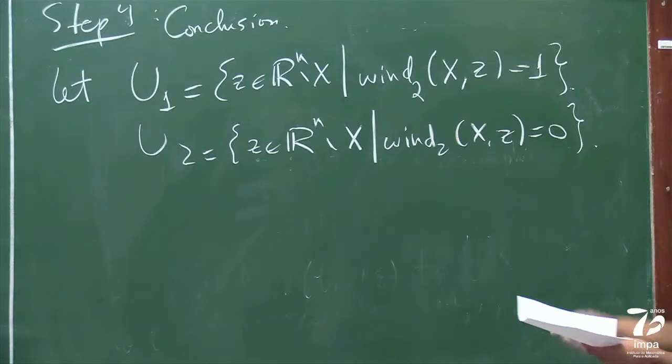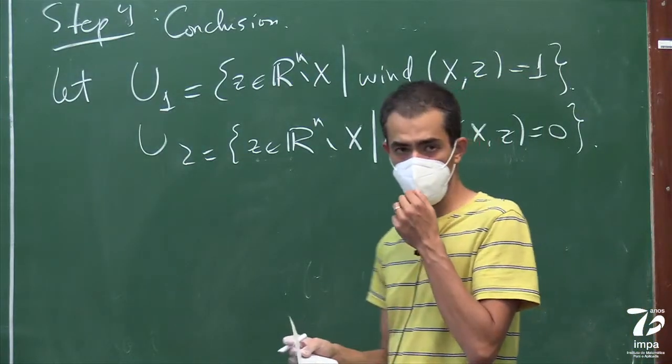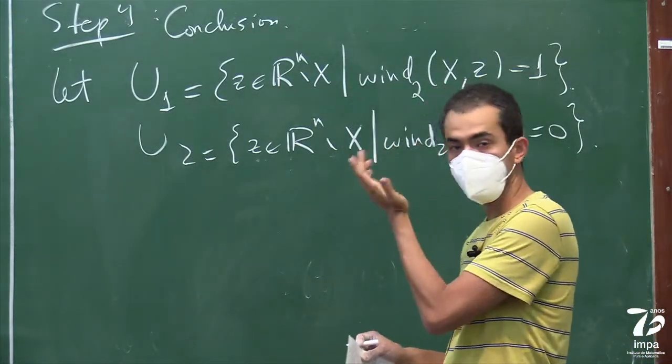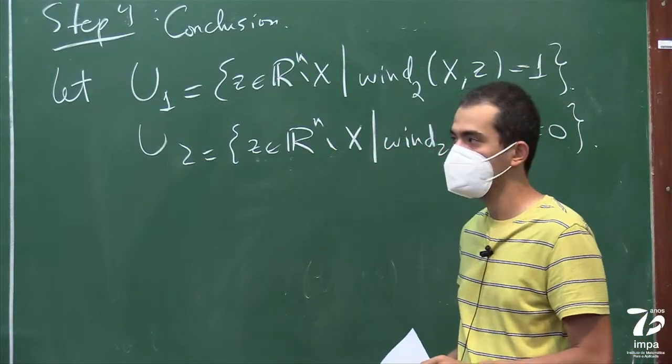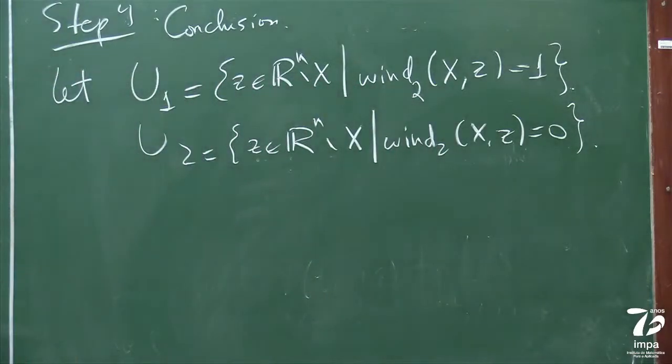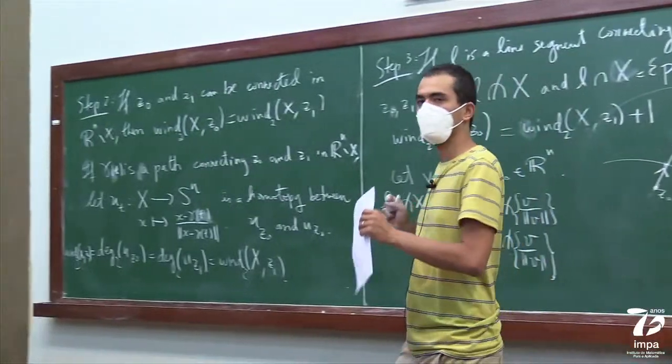And then, these two sets have to be open. But they're also closed inside of this set, because of step 2.